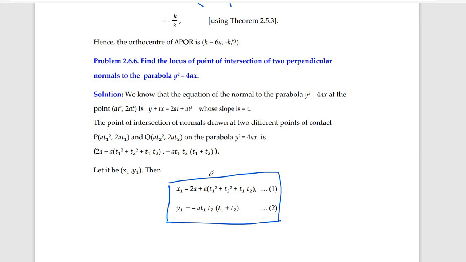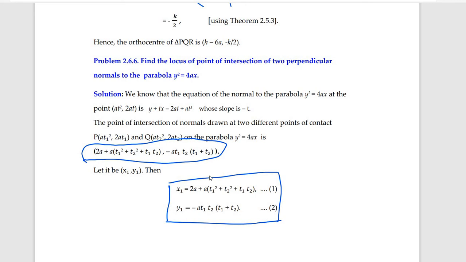Now in the following two or three problems, we are going to consider the point of intersection of the normals drawn at two different points of contact, namely P of t1 and Q of t2. So this is the point of intersection of the normals that is to be remembered.